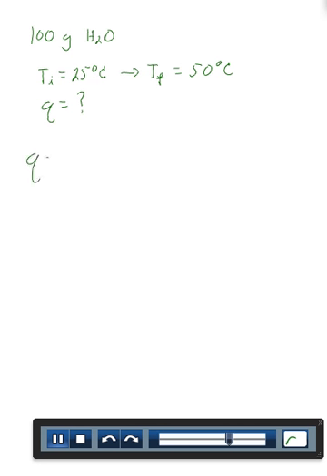So Q, the heat required, is equal to the mass of water times the specific heat of water times the temperature change. So we look up in a table the specific heat of water, and we find that the specific heat of water is equal to 4.2 joules per gram times degrees centigrade.